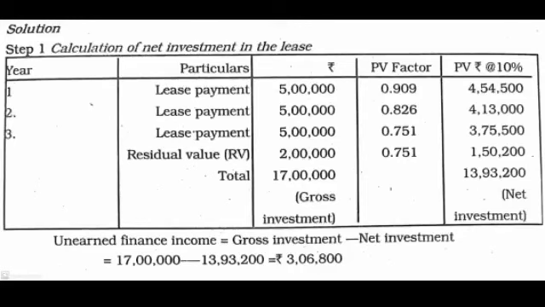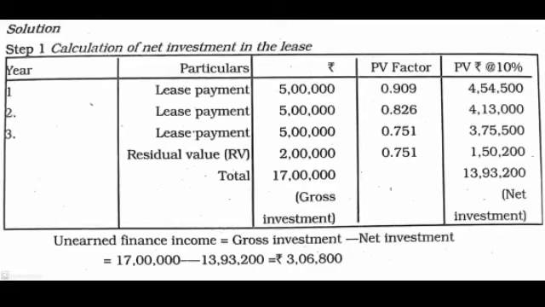Then the residual value, calculated in the third year. 2 lakh is the residual value. To calculate the net residual value, you multiply the residual value with the PV factor 0.751. Then the net residual value is 1 lakh 50,200 only.